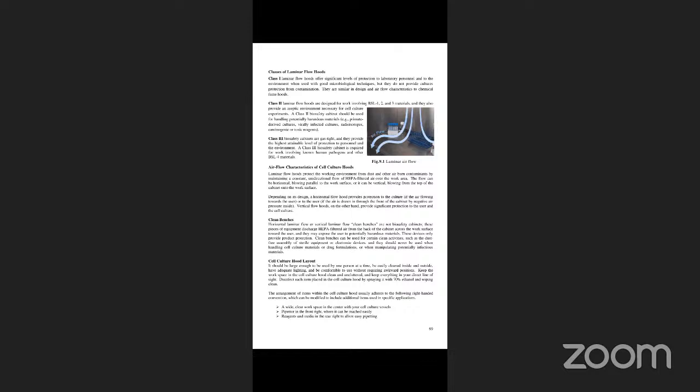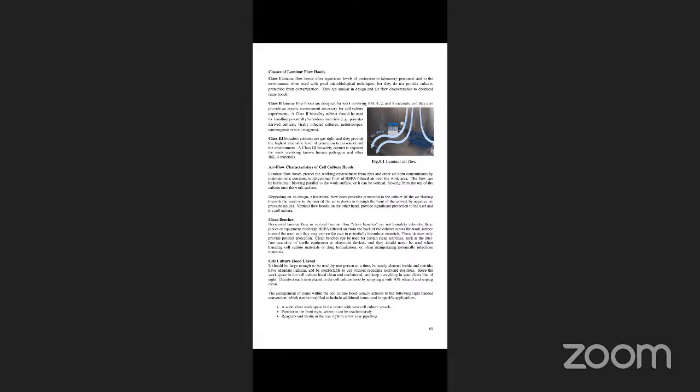Then we have to clean that bench with ethanol. Before starting the work and after the work also, we have to always keep a clean and sterile environment, so we clean the benches with ethanol.